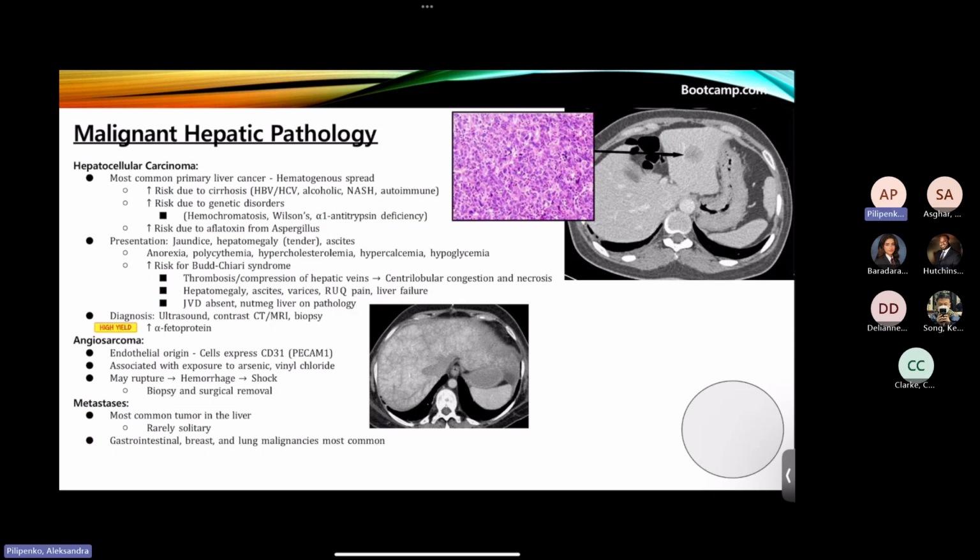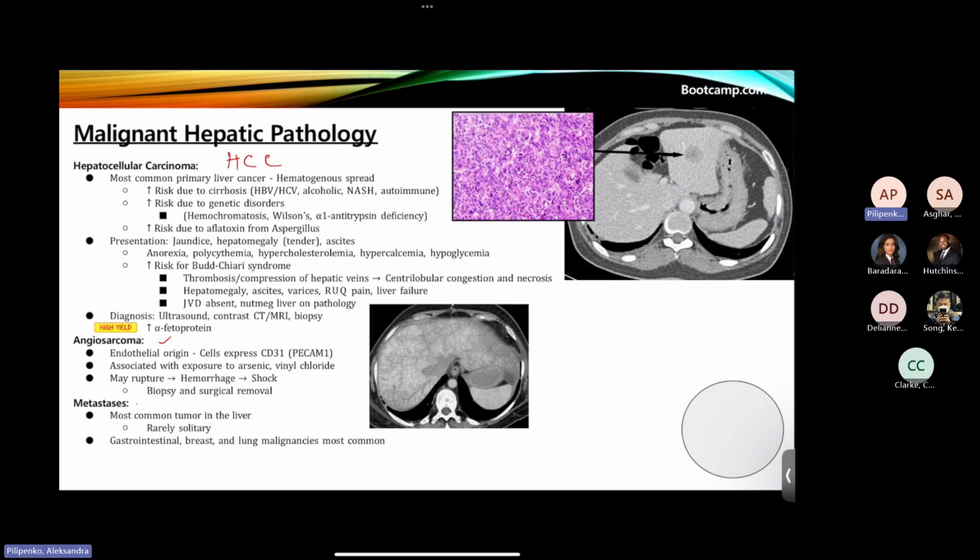Okay, malignancy of liver, high yield, right? You will learn about the HCC, hepatocellular carcinoma. You will learn about angiosarcoma, and you know that the liver is the most common site for the majority of metastases, right?